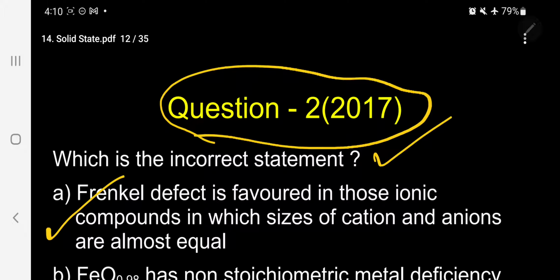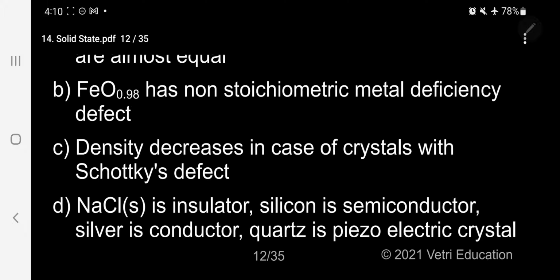B: FeO0.98 has a non-stoichiometric metal deficiency defect. C: Density decreases in the case of a crystal with Schottky defect. D: Sodium chloride is an insulator, silicon is a semiconductor, silver is a conductor, quartz is a piezoelectric crystal.